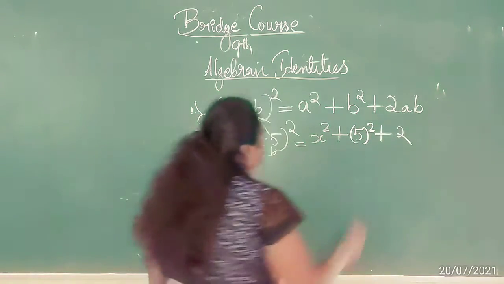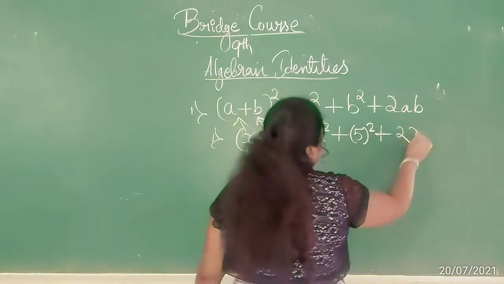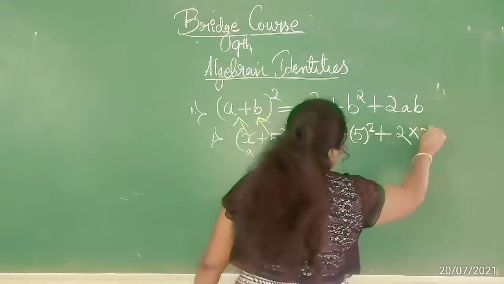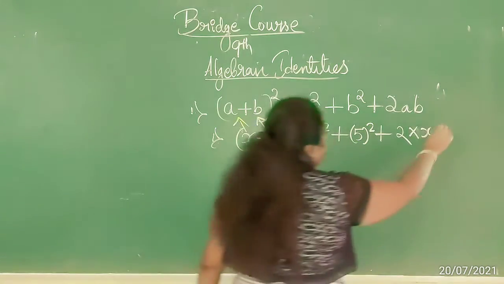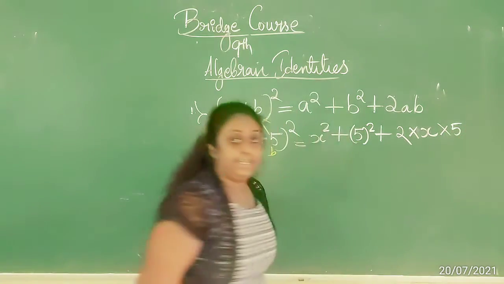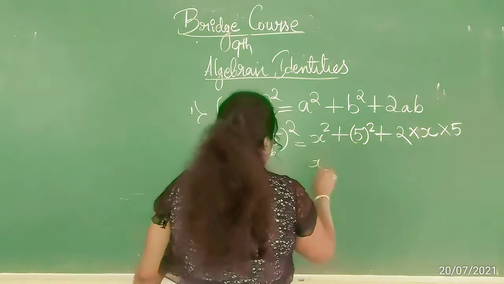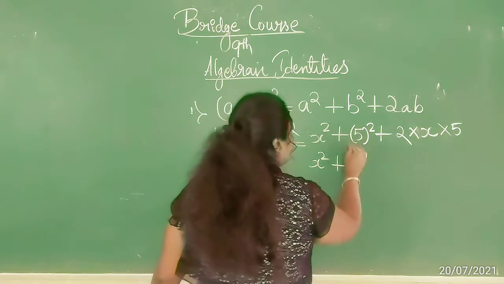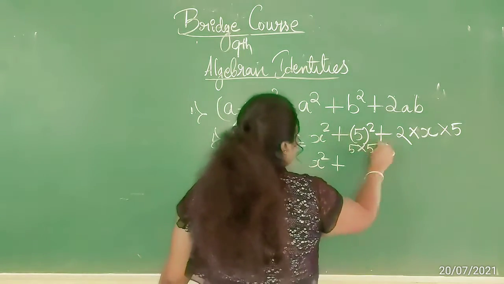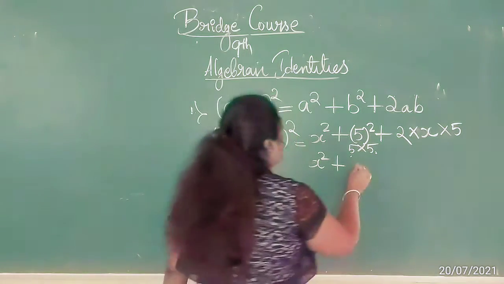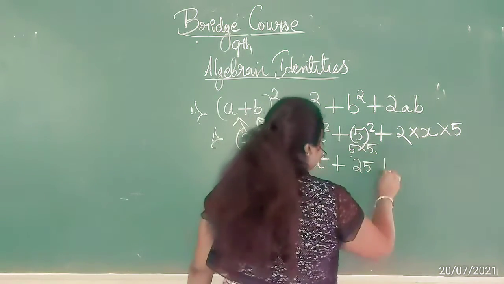Plus 2 is in the formula. A is what? x. Into, sorry, this is into x. B is what? 5. So 2 into x into 5. You are getting it? Now x square is x square. Now 5 square is nothing but 5 into 5. 5 5s are 25. Plus.